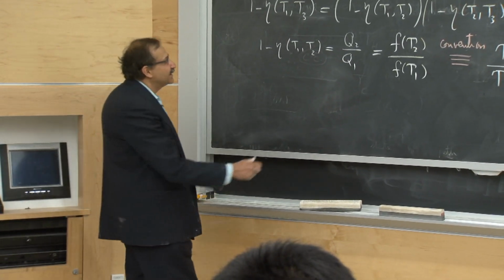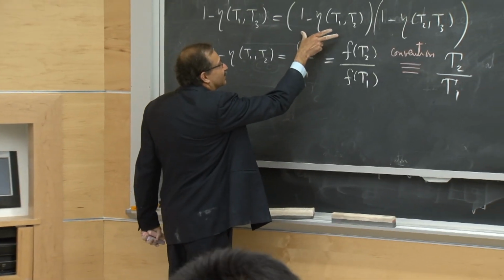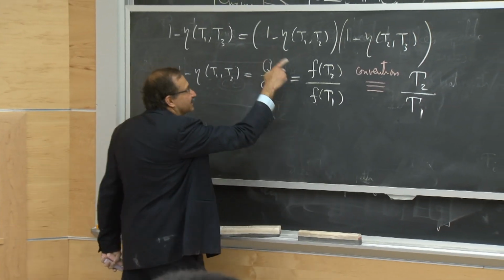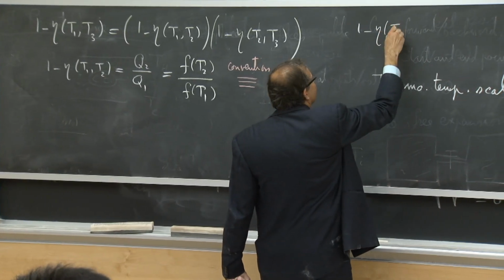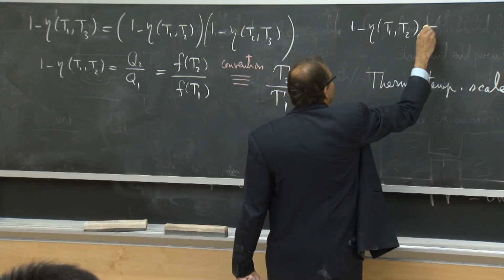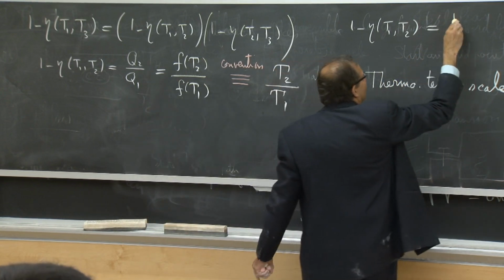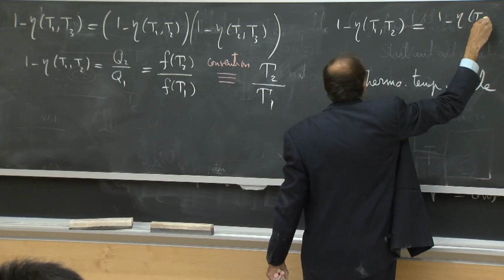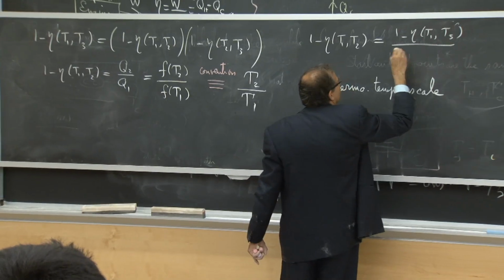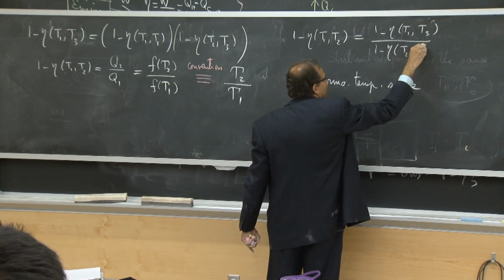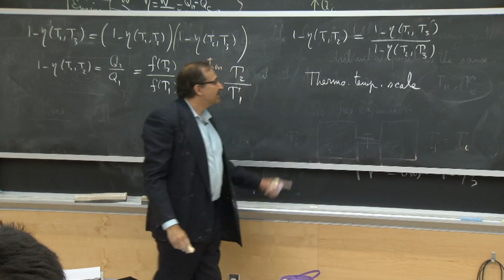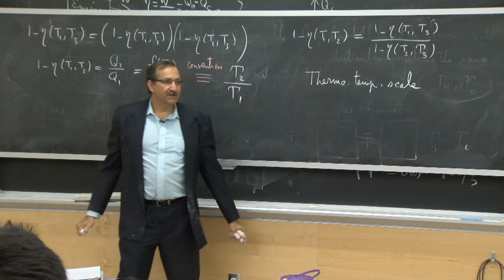So essentially, think of writing this in the following way: 1 minus eta of t1 and t2 equals 1 minus eta of t1 and t3 over 1 minus eta of t2 and t3. Okay? The left-hand side depends on t1 and t2.